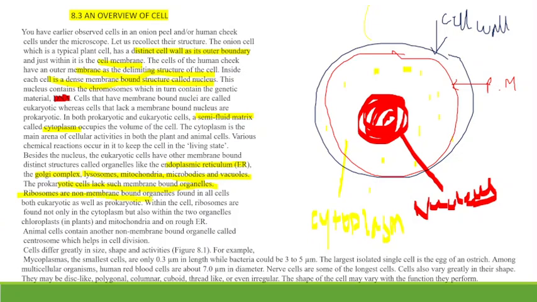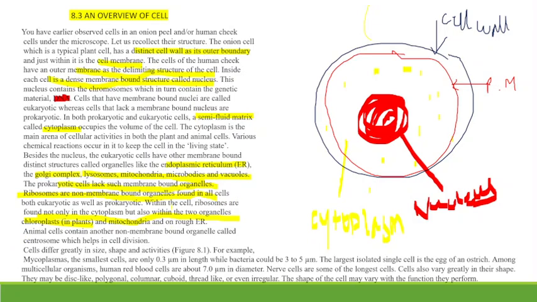Ribosomes are non-membrane bound organelles found in all cells, both eukaryotic as well as prokaryotic. Within the cell, ribosomes are found not only in the cytoplasm but also within two organelles, chloroplast, which is present in plants, and mitochondria, and on the rough endoplasmic reticulum.